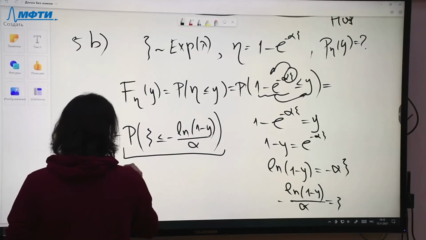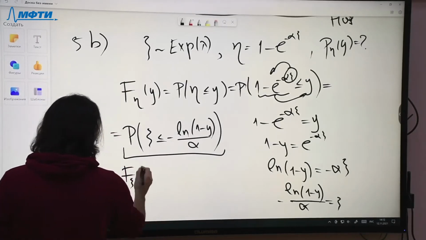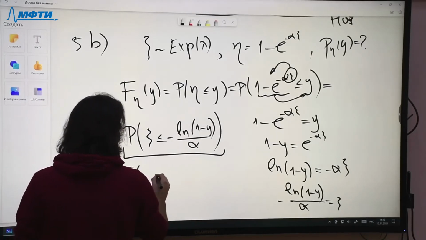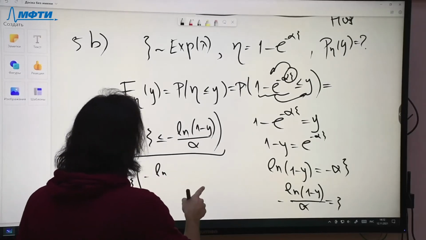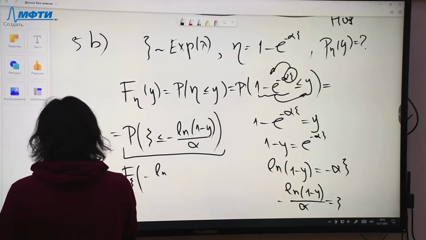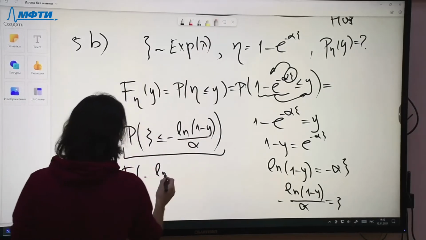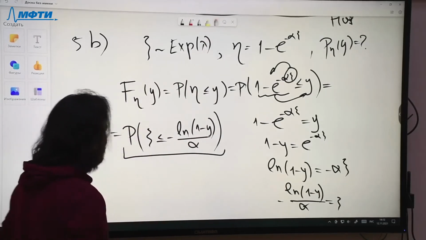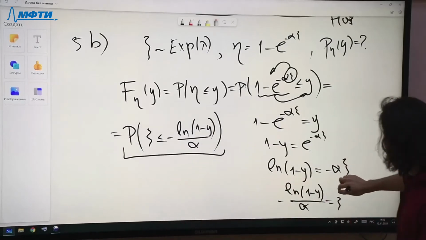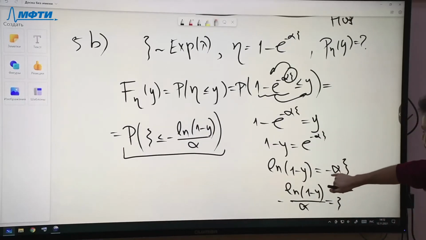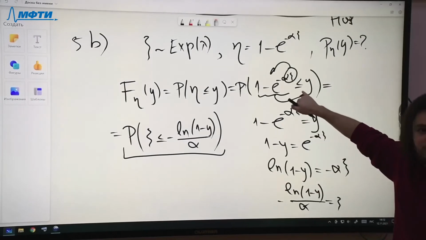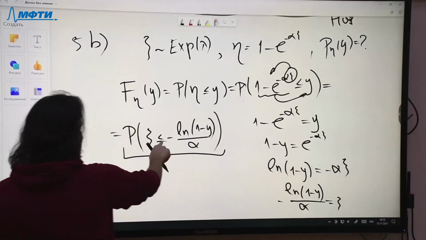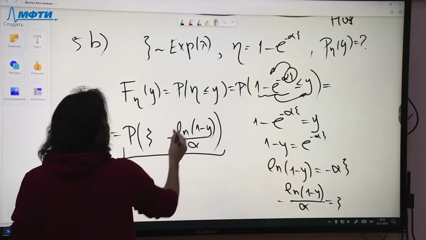Wait, if we have minus here, then we have to change this, right? Look, we had minus, and then we put minus over here. So it means that we have to change this: if we have less or equal, then we need greater or equal.